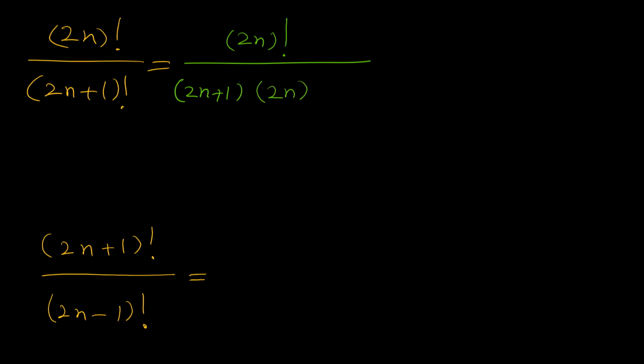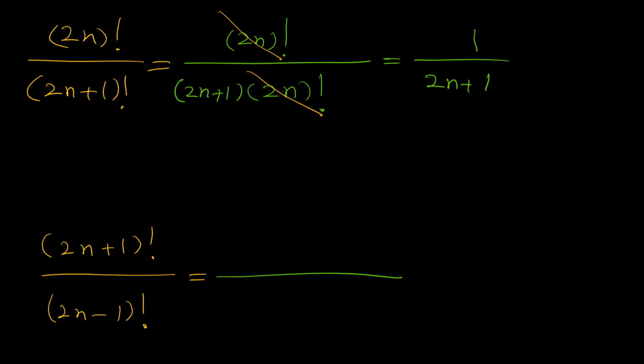You can continue writing 2n, then 2n minus 1, then 2n minus 2, 2n minus 3, and so on. But there is no reason to write all the terms. We have a notation, we have the factorial definition. Just write 2n factorial. Now, cancel common terms. And the answer is 1 over 2n plus 1.